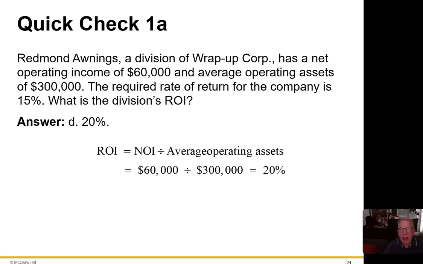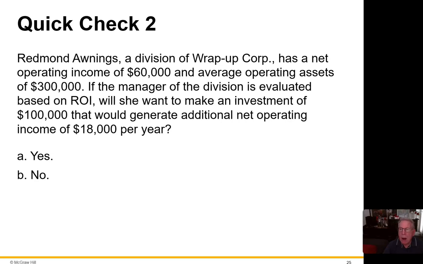And if we compute that, we're going to find that it's 20%. We take the net operating income here of $60,000, right? And divide that by 300,000 of average operating assets. That gives us 20%. Now, if Redmond Awnings does the same kind of thing, if the manager of the division is evaluated based on ROI, will she want to make an investment that would generate only $18,000 per year?